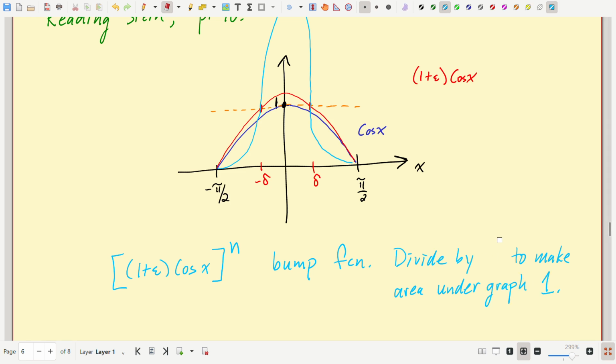So he made a trigonometric bump function that gets concentrated at the origin.